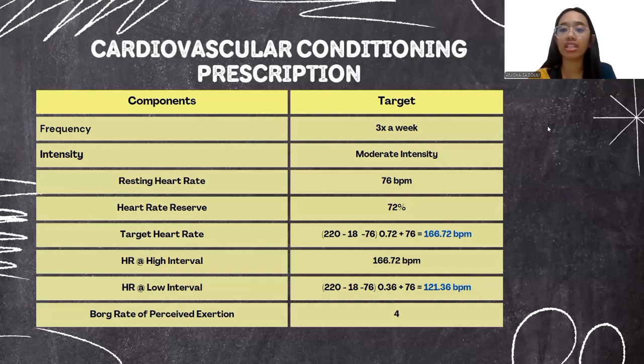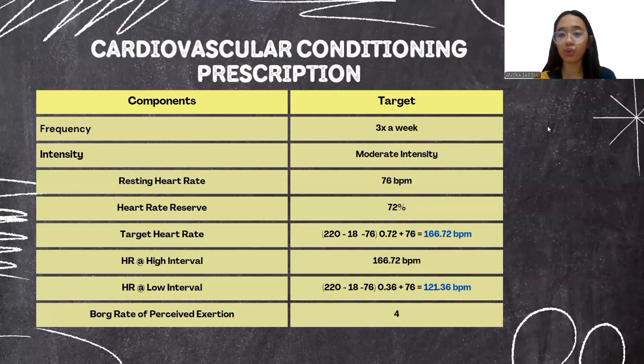Now, to get my heart rate at low interval, we will use the same formula except that the heart rate reserve I will be using will be divided by 2. So 220 minus 18, which is my age, minus 76, or my resting heart rate, multiplied by 72% divided by 2, which is 36%, so multiplied by 0.36, plus 76, which is my resting heart rate, and is equal to 121.36 beats per minute.